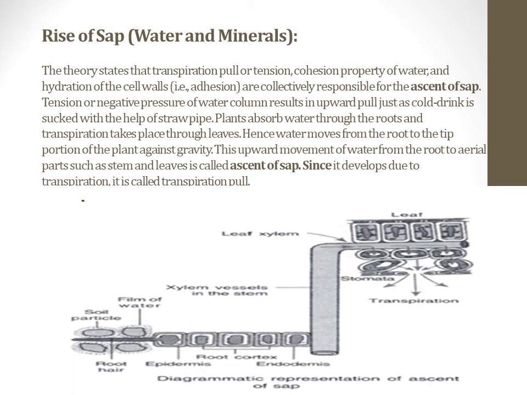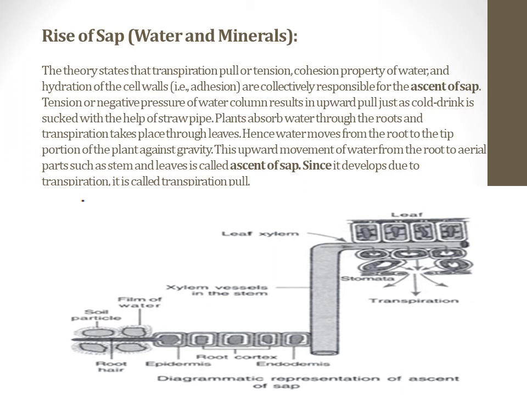This paragraph is more than enough for attempting a 2 marks question or a 3 marks question for ascent of sap. If you have enough time, you can draw the simple diagram along with labelings also. So, now ascent of sap, you know. Tension or the negative pressure of the water column results in the upward pull.